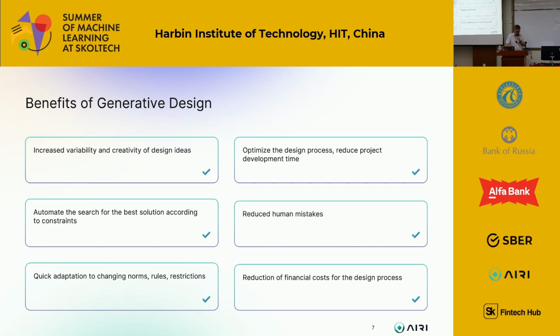If we apply generative design and generative AI models for manufacturing and construction tasks, we can find several benefits. Some of them I already mentioned when I started my talk. First, we want to increase the variability and creativity of design ideas.